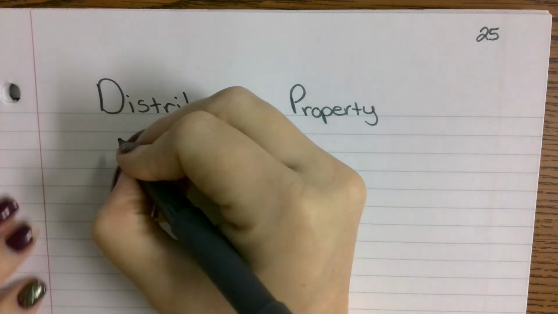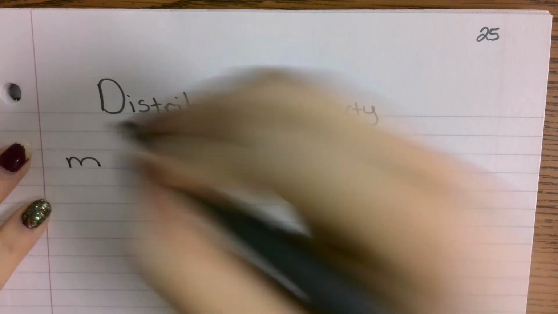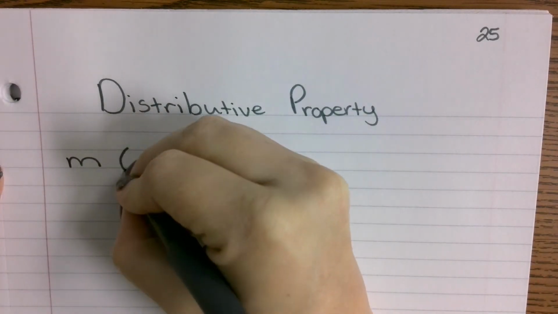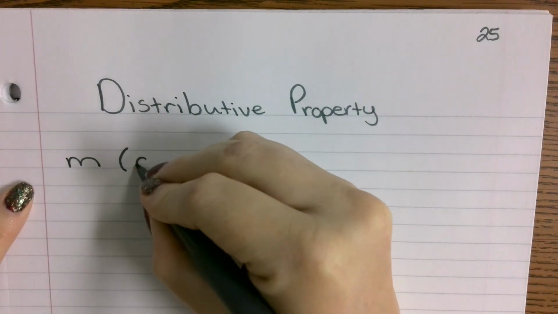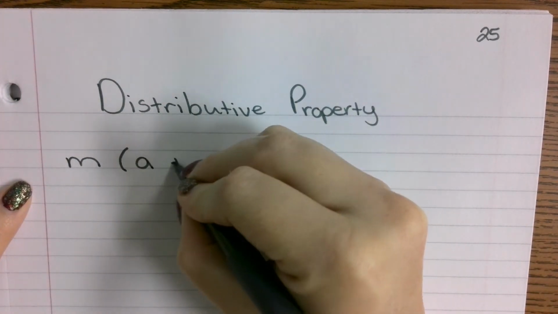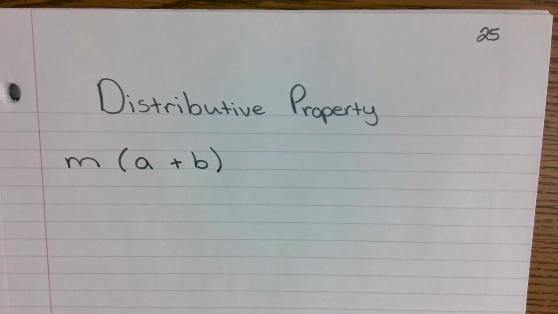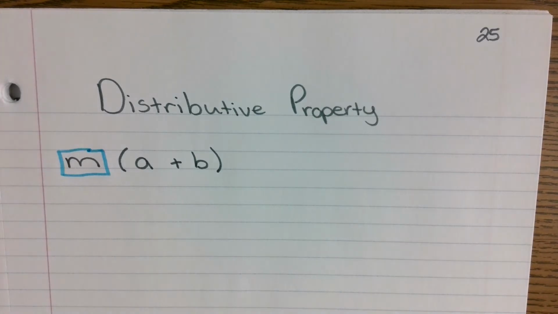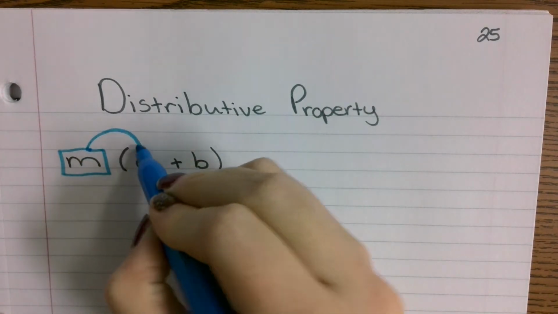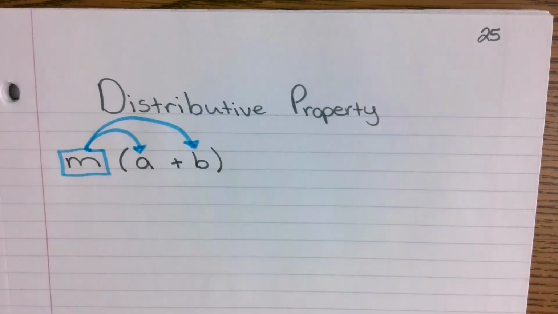So if we had something like the following, we had M times the quantity, so we're going to have parentheses. We have A plus B. The way that the distributive property works is you're taking the value that's on the outside and you are distributing it to each component or each term that's on the inside.